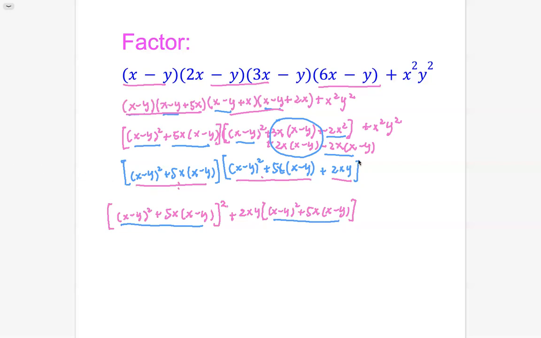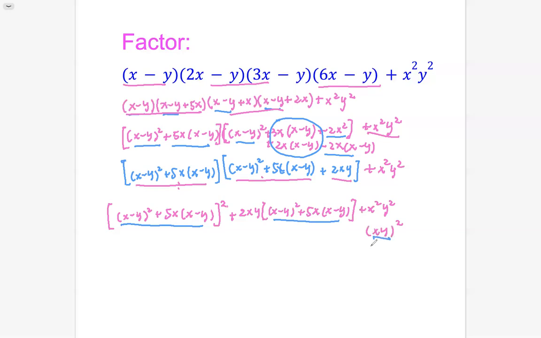And of course, I cannot forget about my x squared, y squared. Every step, I have to remember to add x squared, y squared. Well, what's x squared, y squared? x squared, y squared is xy squared, right? Now, do you see a perfect square form?